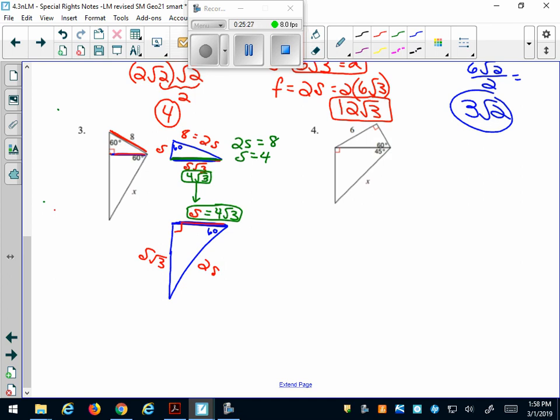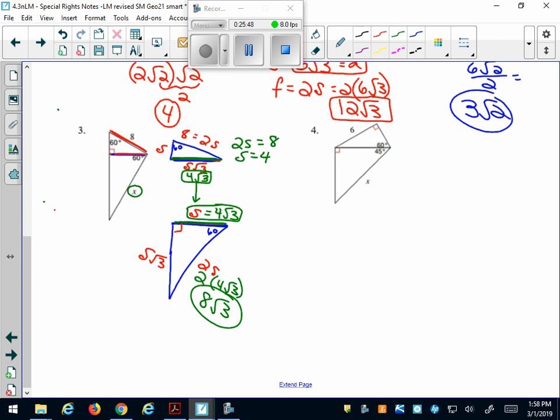So if S in this case is 4 root 3, right, because that's that side, what's 2S? Good. It's 2 times 4 root 3, which is 8 root 3. Which is what they were asking us to solve for, x, right?